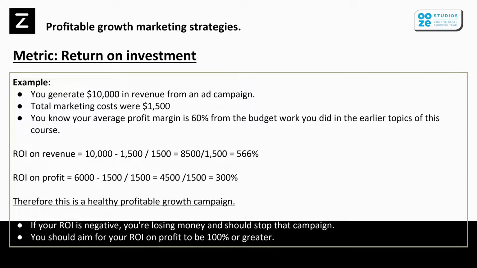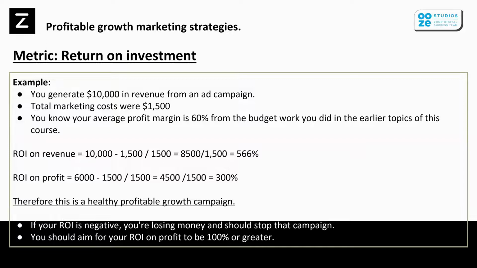This is something that you need to monitor on a small scale, but also a large scale, because when it comes to ads, there are fluctuations, right? Some weeks will perform better than others. So you're always best to look at a 30-day rolling average when it comes to ROI on ads, but ultimately look at it on a weekly basis to start with.